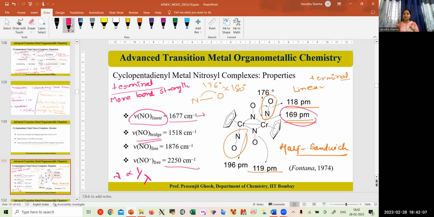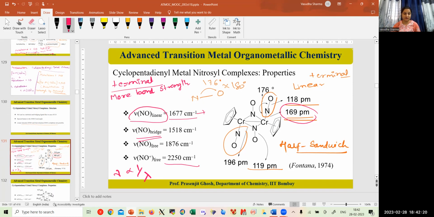Because now the nitrogen is coordinating to the two metals, the bond strength has become a little less compared to when it is coordinating with only one single metal. So this has been given by Fontana in 1974.